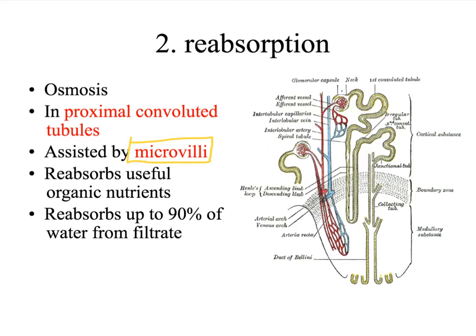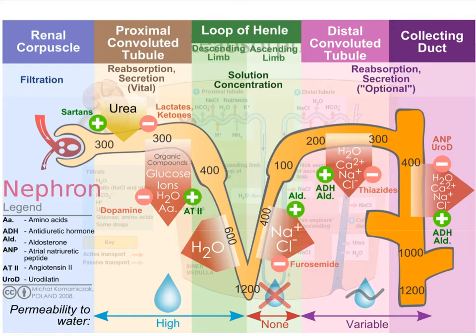So fortunately for us, as long as your kidneys are properly functioning, you're going to reabsorb about 90% of that. And it's going to bring with it what your body wants to keep. So when you're reabsorbing something out of the PCT, it is going into the interstitial fluid and being returned into the cells and capillaries there.